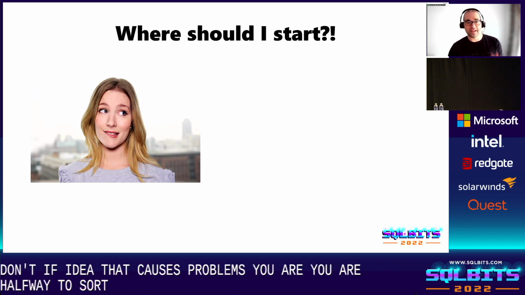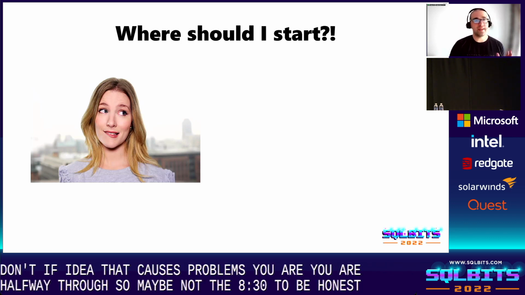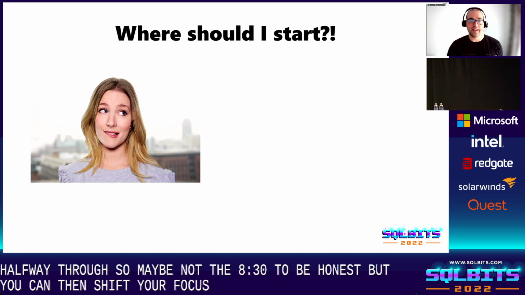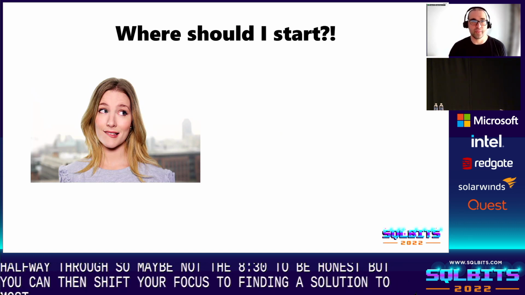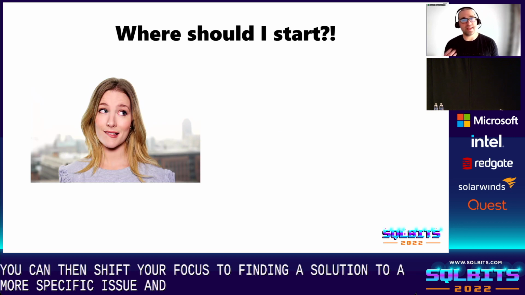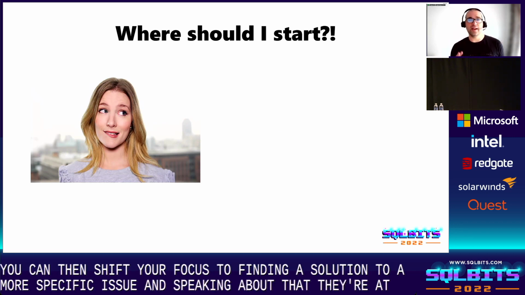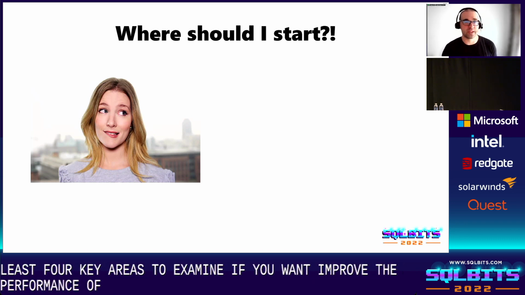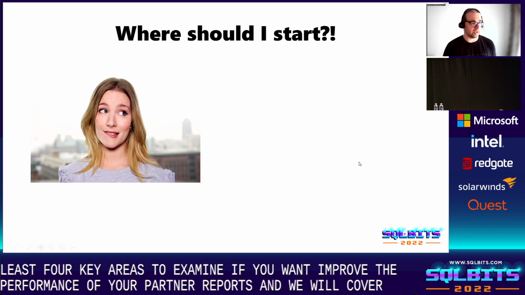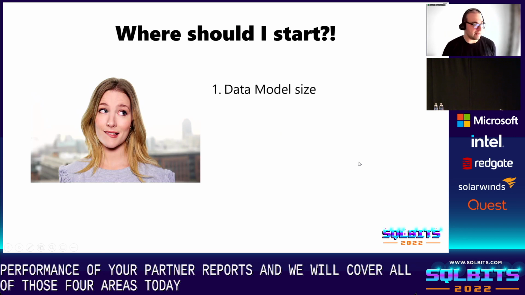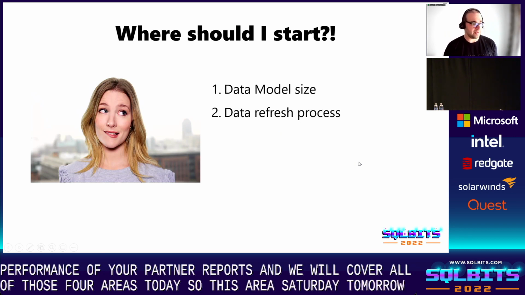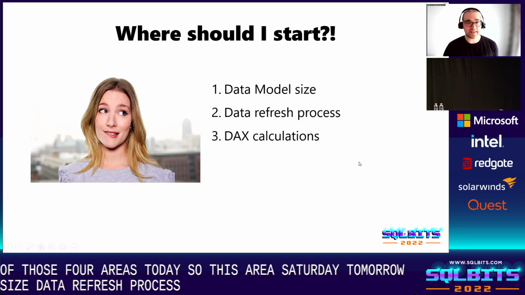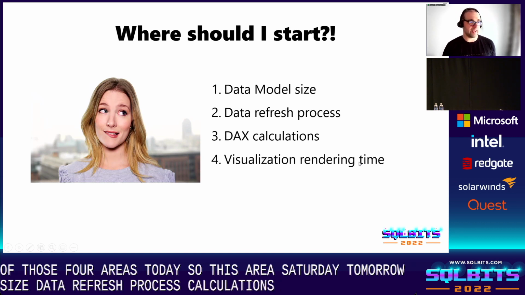Maybe not halfway, to be honest, but you can then shift your focus to finding a solution to a more specific issue. Speaking about that, there are at least 4 key areas to examine if you want to improve the performance of your Power BI reports. And we will cover all of those 4 areas today. So these areas are data model size, data refresh process, DAX calculations, and visualization rendering time.